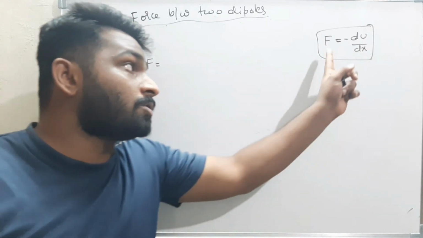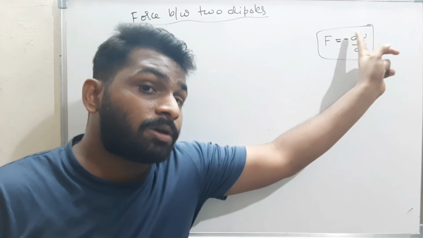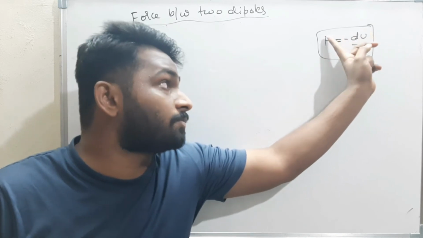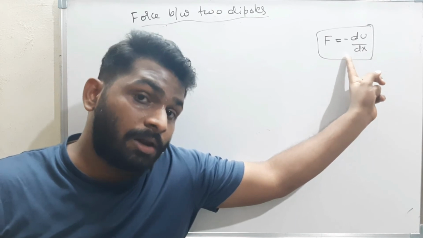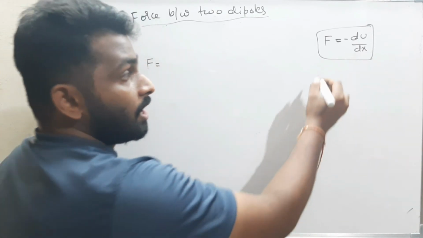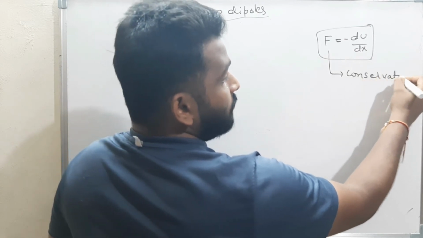The negative gradient of potential energy is force. Do you remember this? We study this in work, power, energy, first year, 11th class. And this has to be taken only for conservative force only.